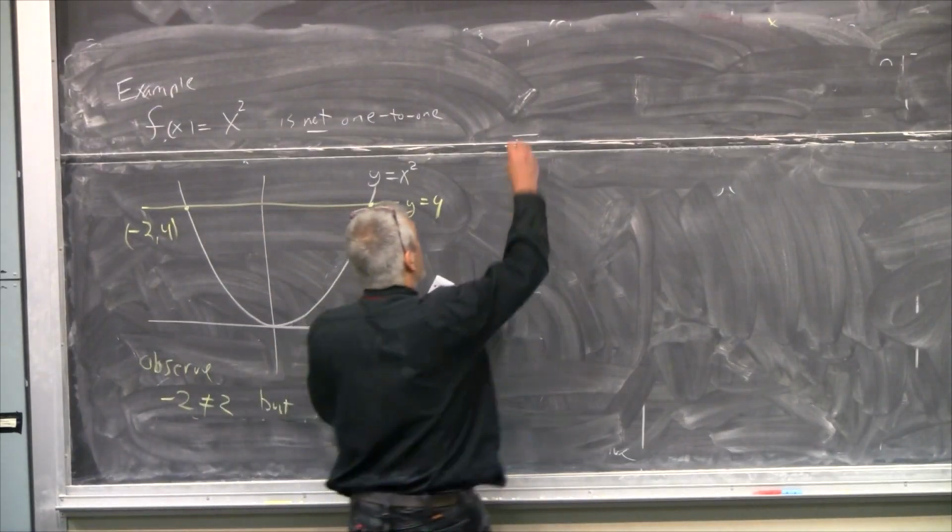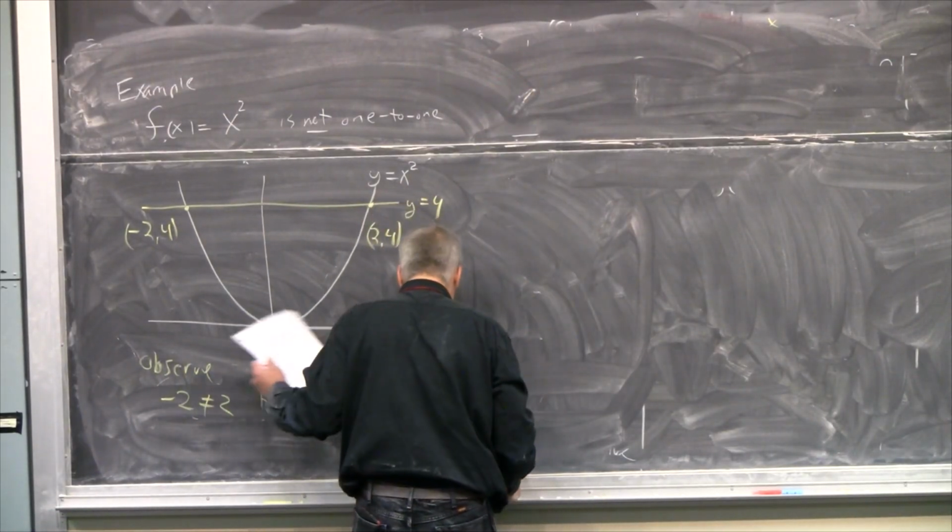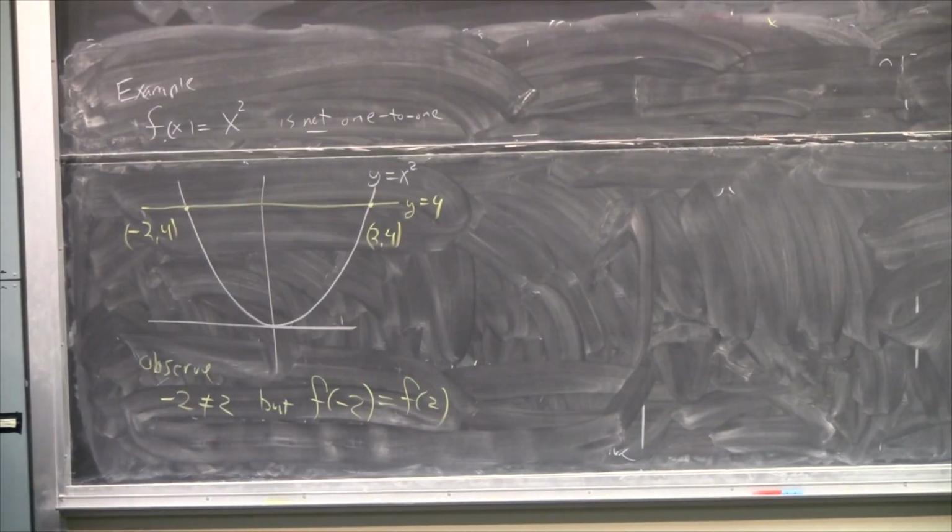On the other hand, f of x equals x cubed is one-to-one.